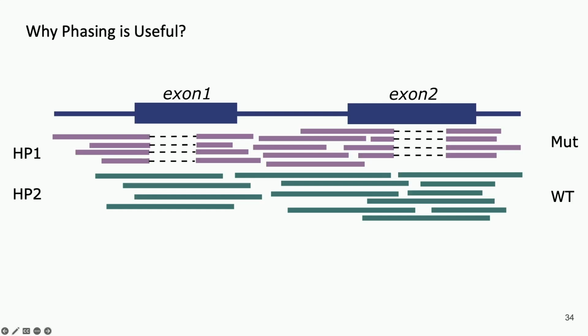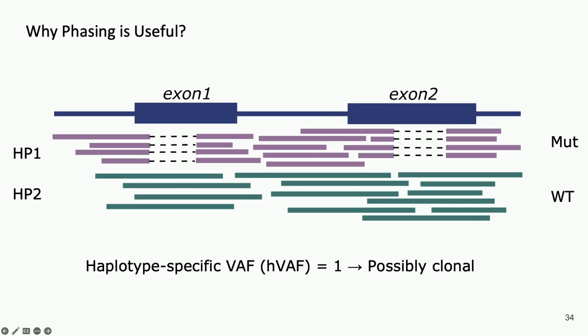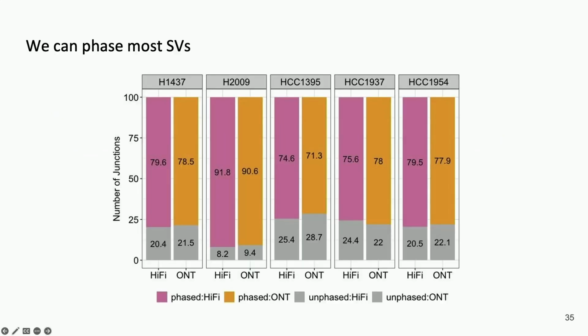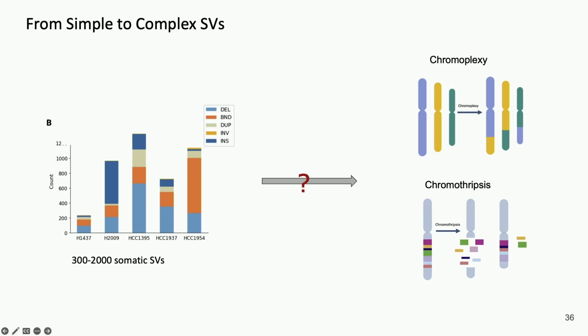So with Severus, we provide both haplotype information and also haplotype-specific variant frequency that you can refer to for clonality. Now we can identify the structural variations accurately, and also we can phase them.